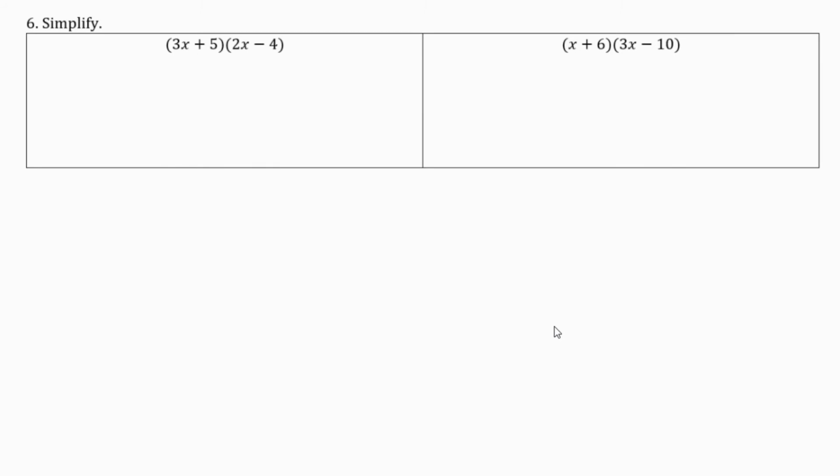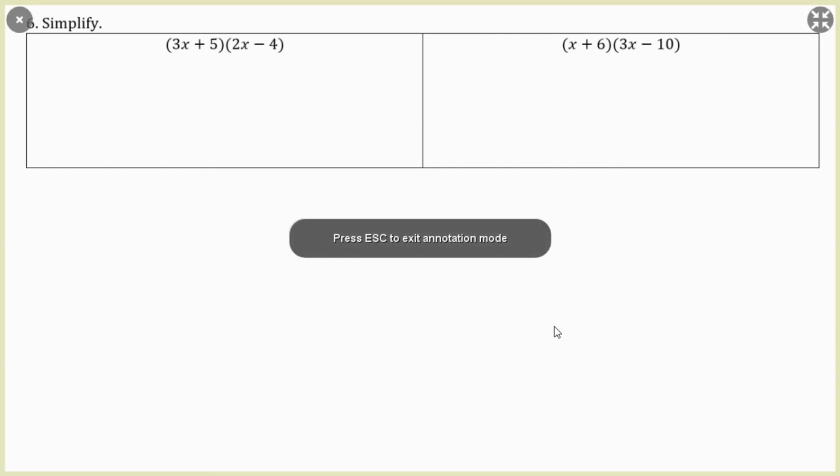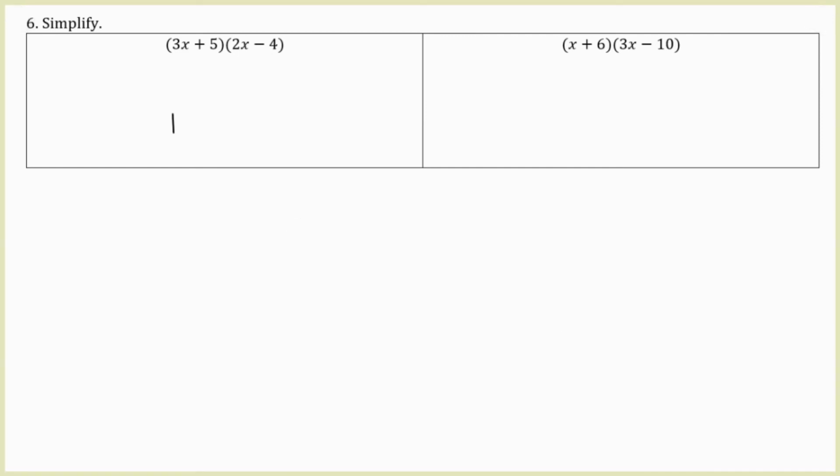Okay, number 6. Once again, we're going to do the tic-tac-toe method with this guy. But this time, we only need to make a normal tic-tac-toe grid. At the top, we have 3x plus 5. And then on the sides, we have 2x minus 4.